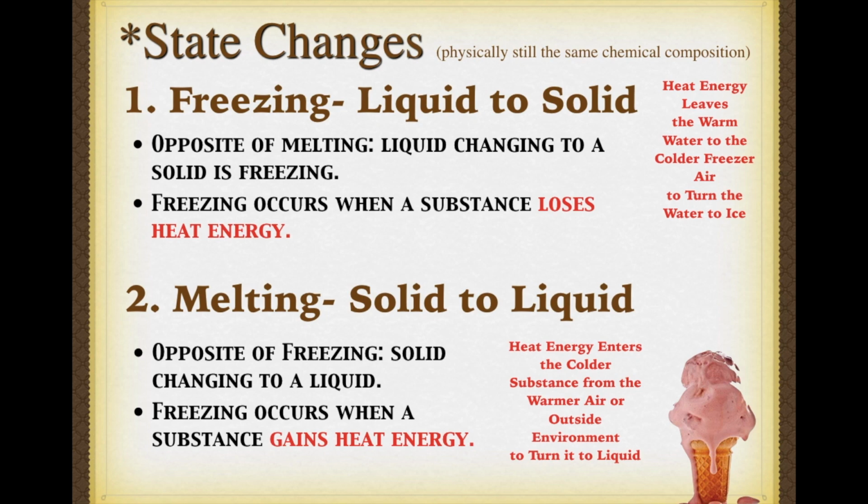So the heat energy is leaving the liquid water, going into the air of the freezer, trying to create homeostasis, trying to create a balance. By doing that, it's then taking the heat out of the liquid water, and the liquid water freezes. And the reason why it can do that is because we have electricity keeping the freezer cold.